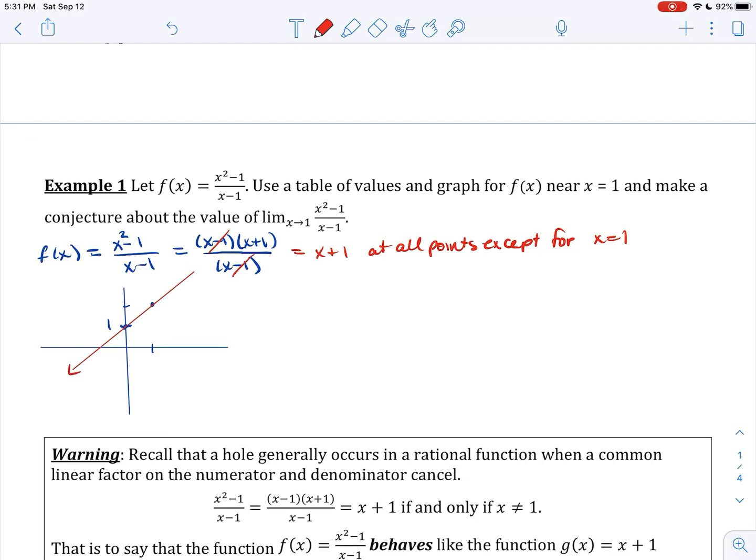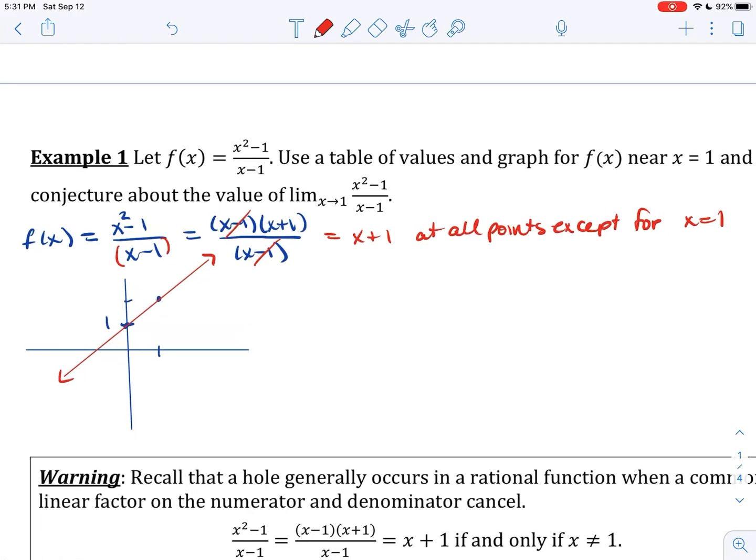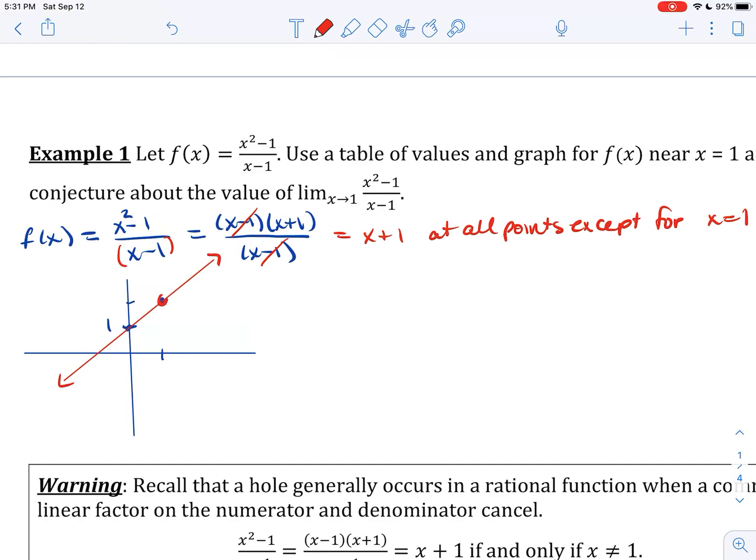But for f of x, we would not have an output at x equal to 1 because our denominator would be 0 for that function. So we would go inside and say that this is a hole. Good.